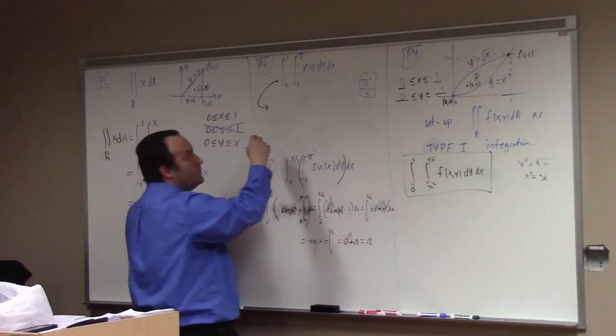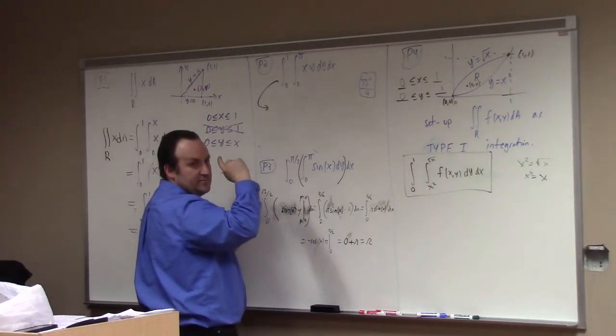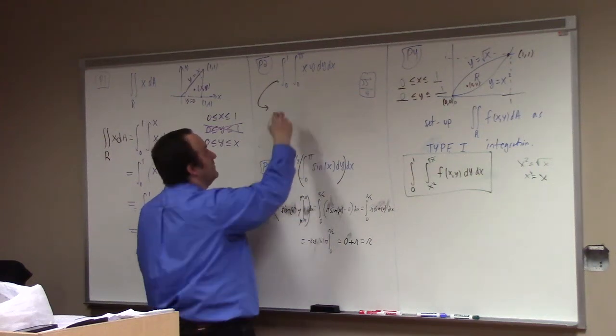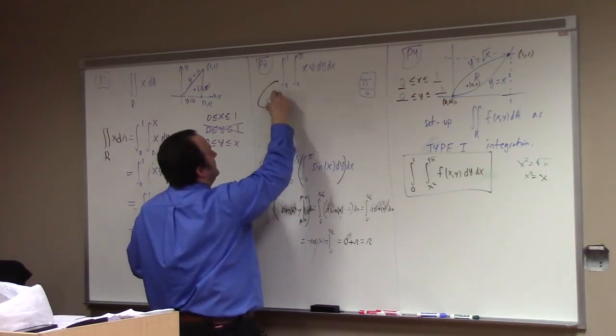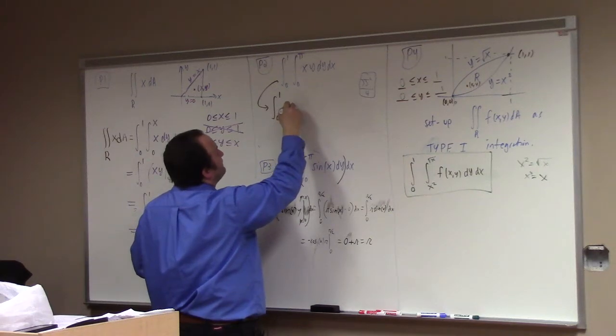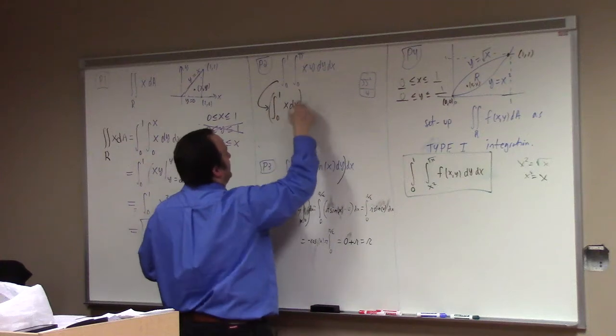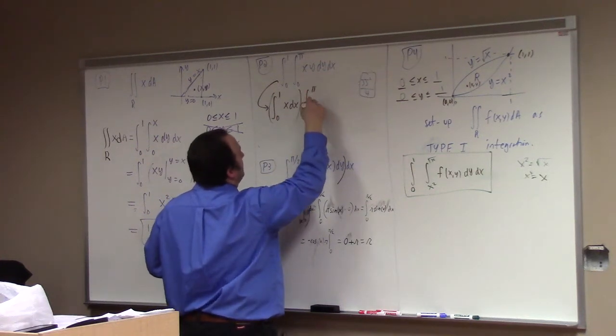Here's a trick. When you have rectangular bounds like this, you can rewrite the integral. There's a theorem. You can do this trick. So this is really the integral from 0 to 1 of x dx times the integral from 0 to pi of y dy.